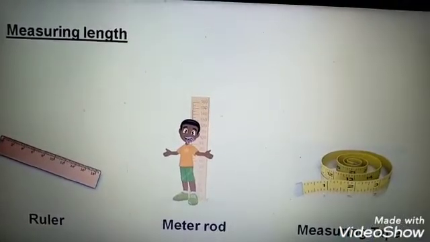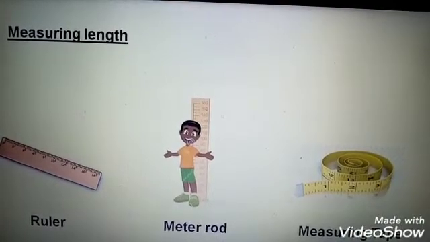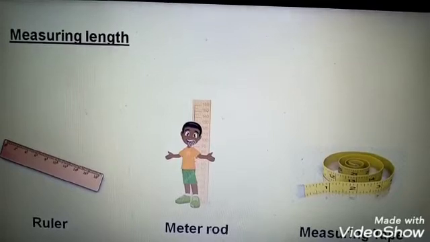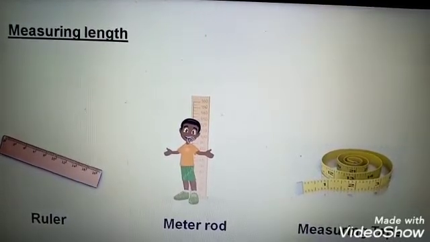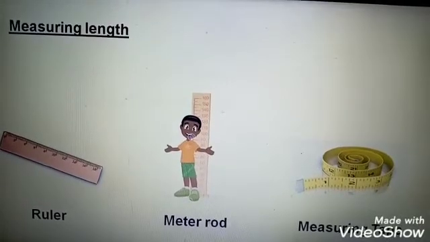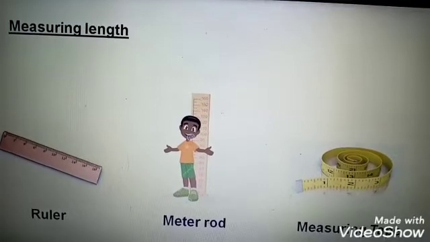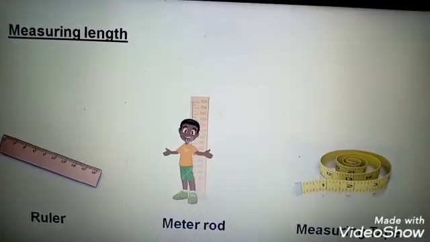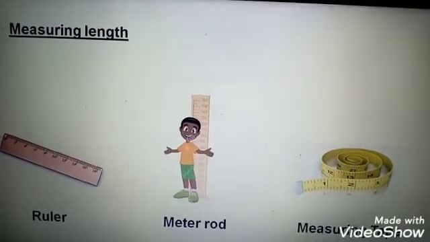For measuring the length and distance of anything, the instruments we use are ruler, meter rod and measuring tape. Look at the picture. These are the pictures of a ruler, meter rod and the measuring tape.